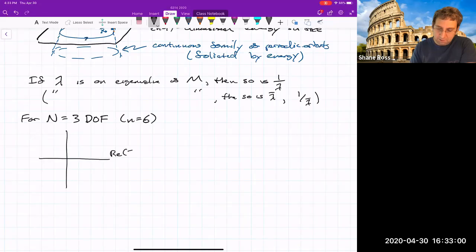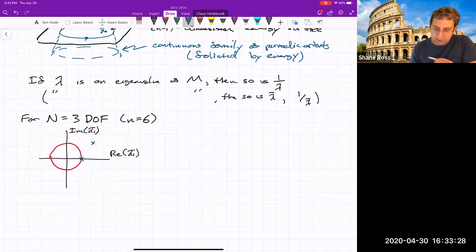This is the Floquet multiplier eigenspectrum. Let me show the unit circle. We're going to have two eigenvalues that are here at 1, and we know how to interpret them.